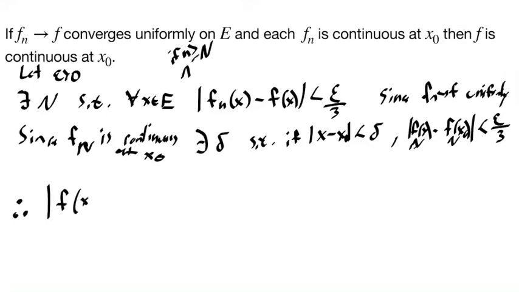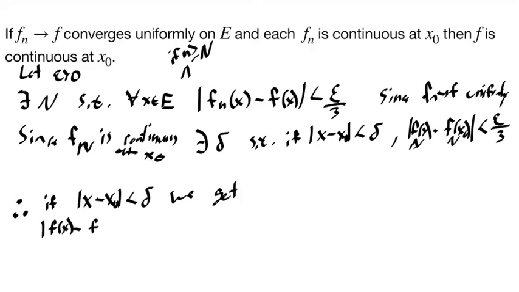So therefore, we just have to take little f at x minus little f at x naught. I was trying not to be sloppy, and now I'm being sloppy. Therefore, if x minus x naught is less than delta, we get the following. We get that f of x minus f of x naught is equal to, and now I've just got to add my fn's in here the way I want them.